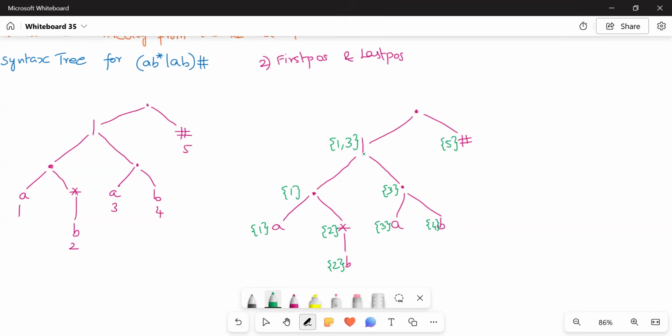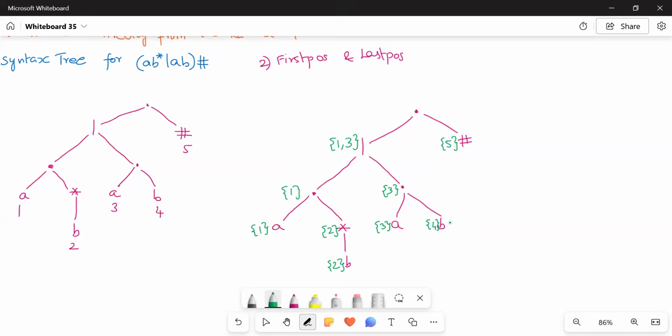So for this node, nullable of C1 is false. If this node is nullable, then either this node or this node must be nullable. Here we know that this node is not nullable, so at least we need to check whether C2 is nullable or not. Since C2 is also a cat node, we need to check whether both C1 and C2 are nullable.